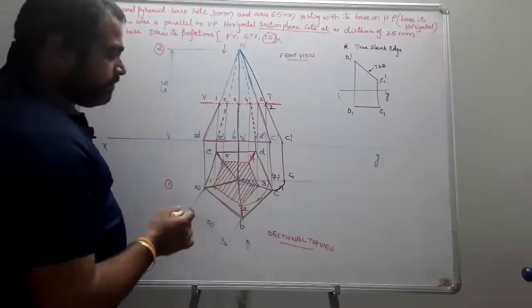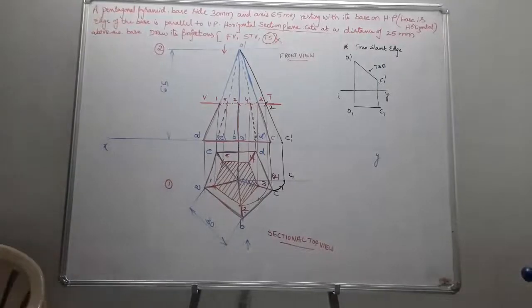Okay, students, is it clear? There is no need to draw the true shape. Why? Because when your cutting plane is parallel to the base, there is no need to draw the true shape. So sectional top view is sufficient.